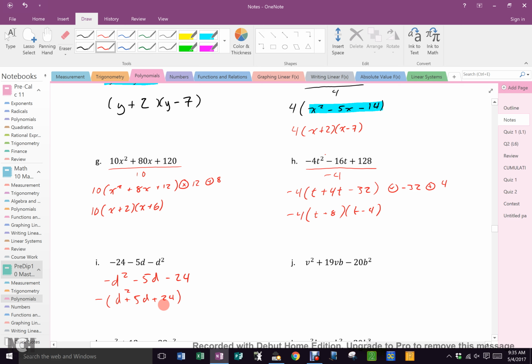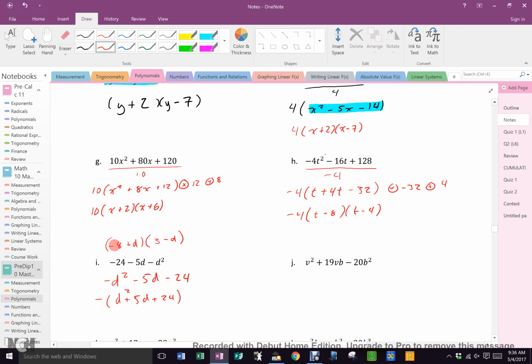Can't, can you? So some people say, well, what about, Mr. Myers, what if I don't take out that negative? What if I leave it like this? Well, then it has to be -8 plus d, and then it would have to be 3 minus d, right?